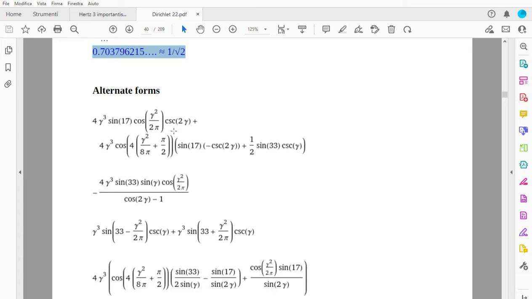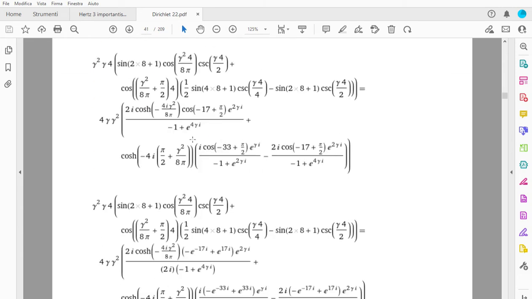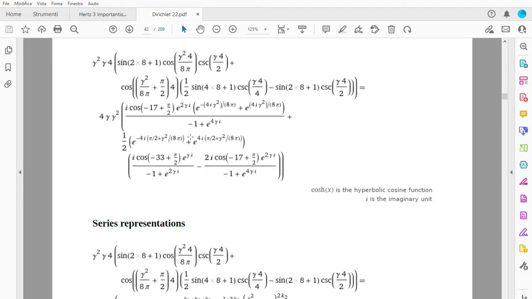Also here the study of the function, as we see.